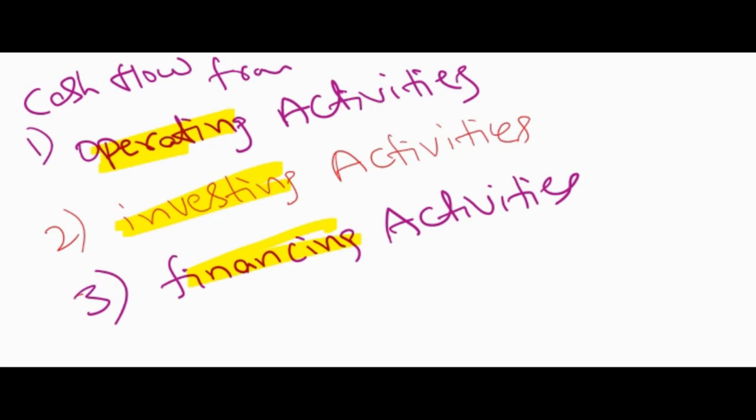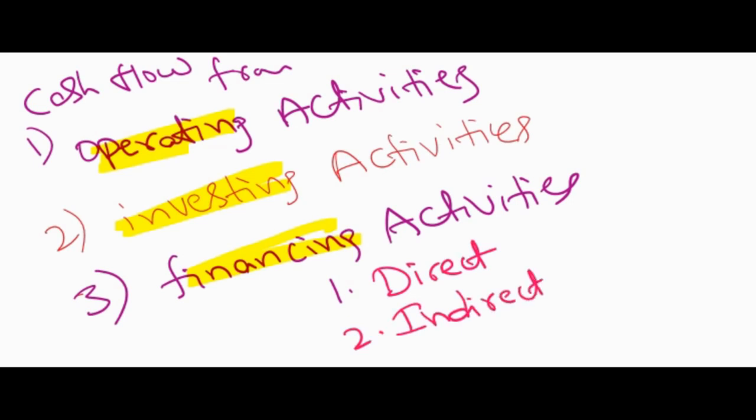Here the preparation of these three activities can be done in two methods. So one is direct method and second is indirect method, right? So there are two types of methods in which you can prepare the cash flow statement.